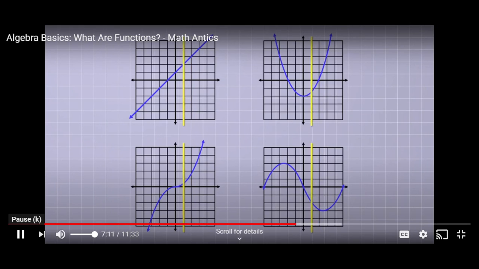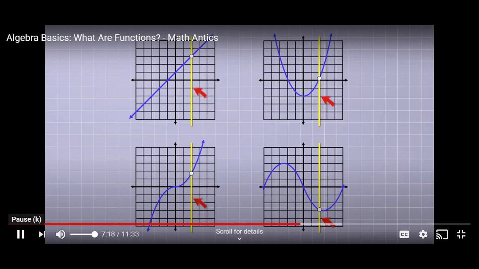Then imagine moving that vertical line left and right across the domain, paying close attention to the point where the vertical line intersects with the graph. If that vertical line only intersects the graph at exactly 1 point for every possible value of x in the domain, then that means that there's only one output value for each input value. There's only one y value for each x value, so the graph qualifies as a function.